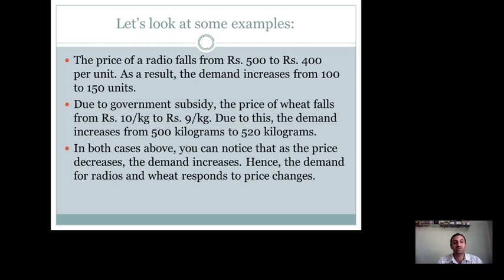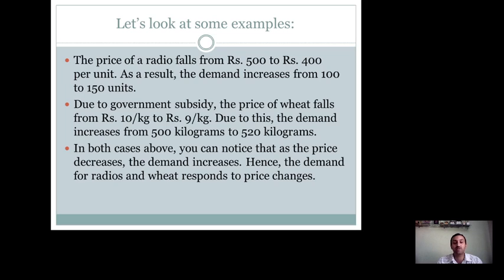In this situation, the price of radio was rupees 500, and at that point of time 100 units of radios were demanded. But the price was reduced from 500 to 400, and at that point of time the demand increased from 100 units to 150 units. So here, the price changed by 100 rupees and demand increased by 50 units. So this is how the changes are measured.